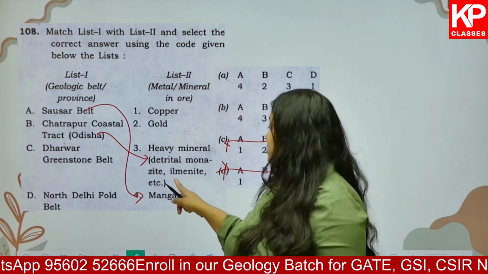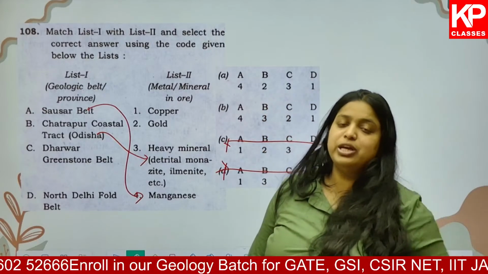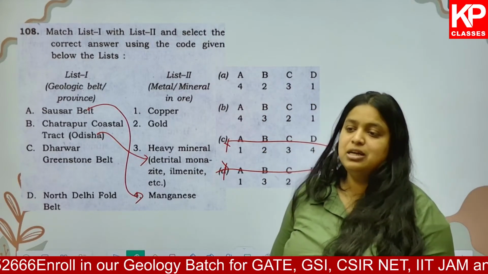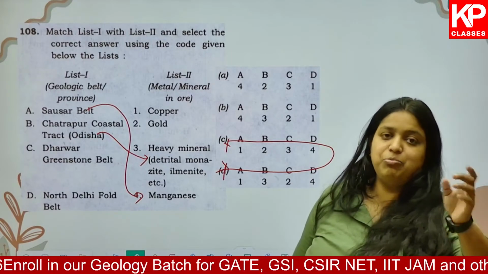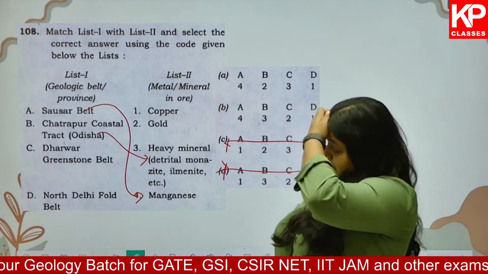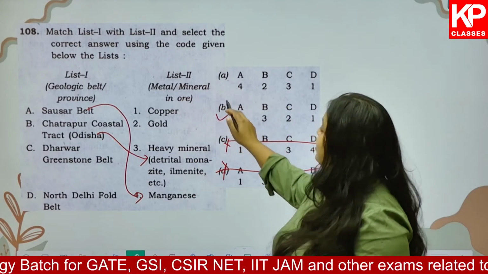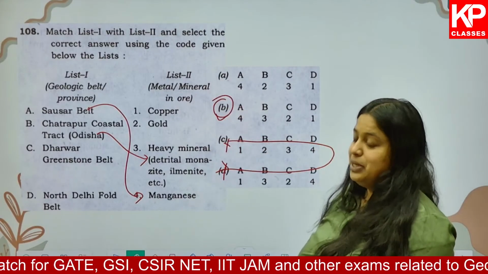So we will be getting monazite, ilmenite, titanium, uranium ores from these placer deposits, one in Kerala, the other one in Odisha. So B is 3. So from these two options only we have got the answer again as option B.